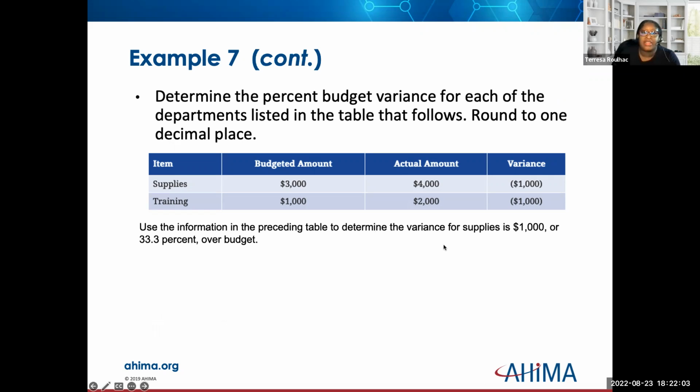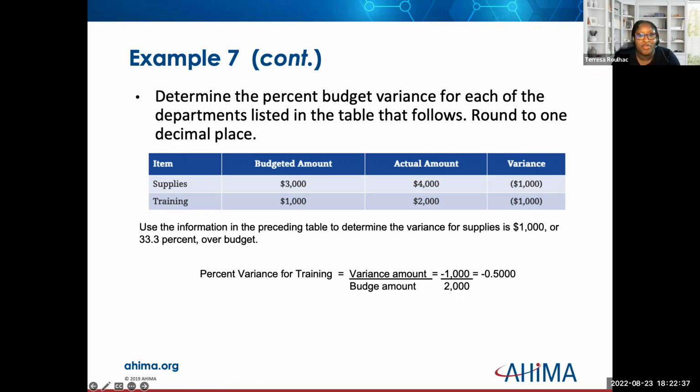The second part. Now, the variances computed above are examples of unfavorable, okay? This is the amount spent where more than the amounts were budgeted. Favorable variances occur when, of course, the amount spent is less, or equal to the amount budgeted. So we look at negative 1,000 here in training, divided by 2,000, giving 0.500.